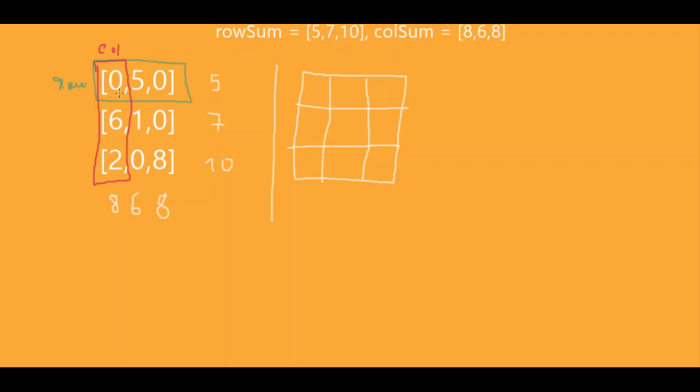For instance, here row 1 has a limit of 5, so the sum of all elements in this row needs to be 5. The same applies to the columns. The first column is 8, so the sum of that column in your generated matrix needs to be 8.